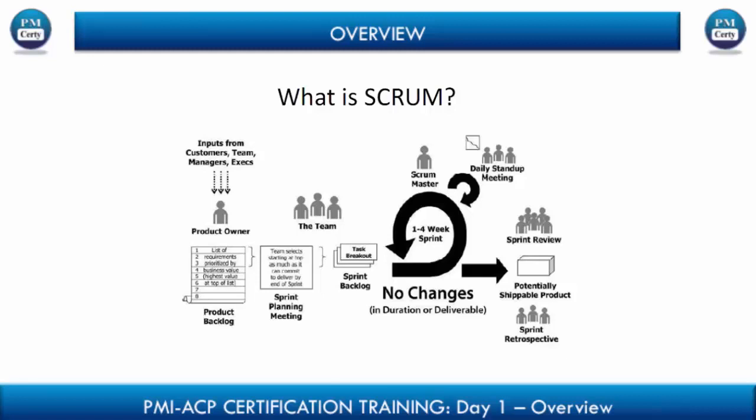Okay, so somebody has sent me a question here. I'm presuming this is the next question, which says, to whom does the PMI-ACP certification best fit? A product owner, team, or Scrum Master, or all of them? In my mind, an ACP is typically a product owner or a Scrum Master.